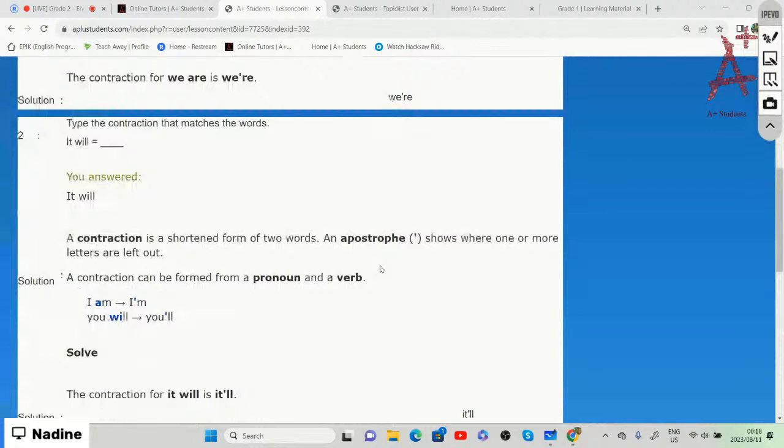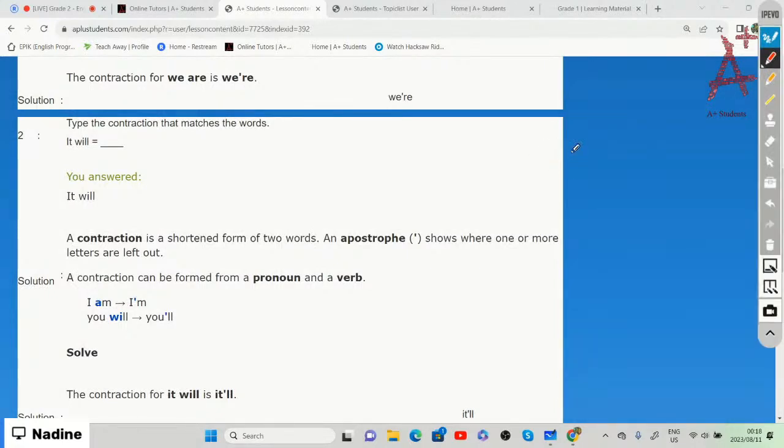If we type the contraction that matches the word, then we will say it'll. It sounds like it'll, right? And where we left out the W and I, we put the apostrophe, almost like to show it will. It'll. It will.